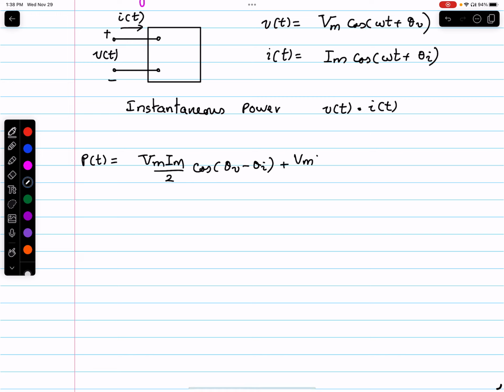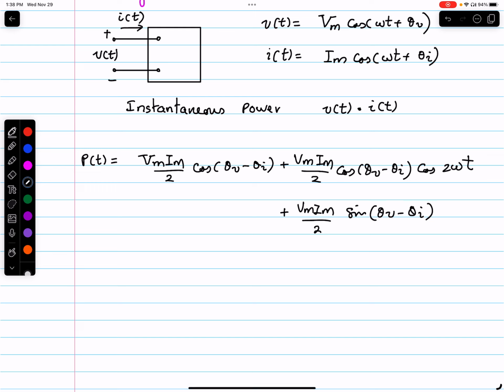plus Vm Im over 2 cosine(theta v minus theta i) times cosine 2 omega t plus Vm Im over 2 sine(theta v minus theta i) times sine 2 omega t.